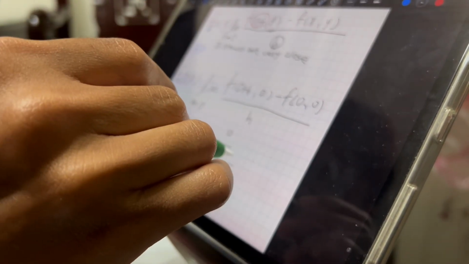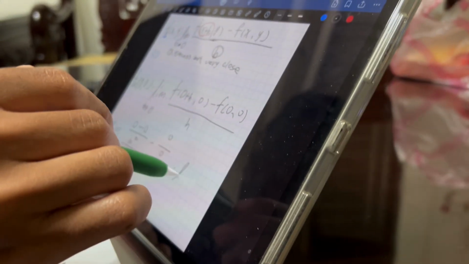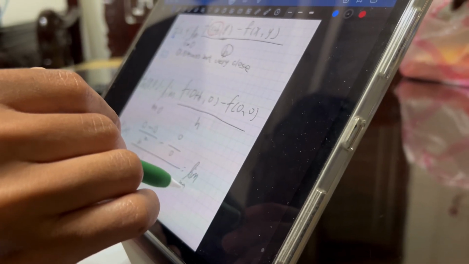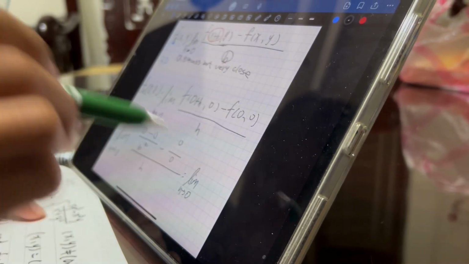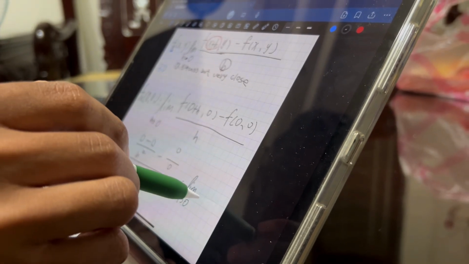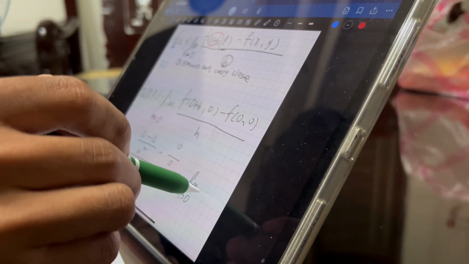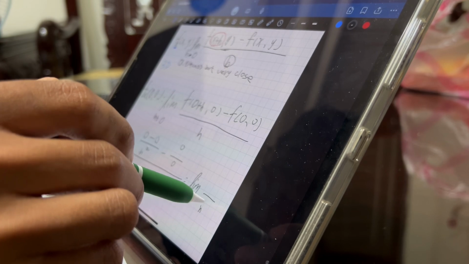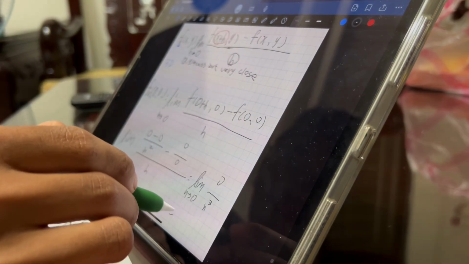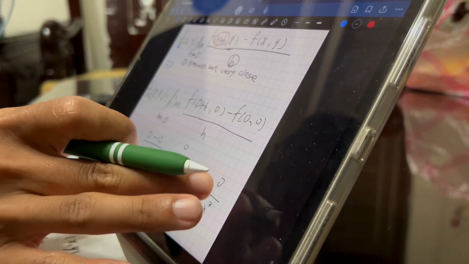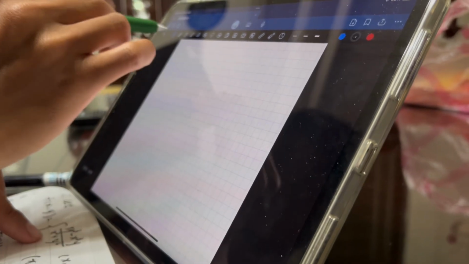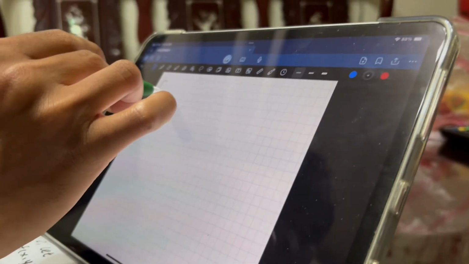That means we can get the limit as h close to 0 of 0 over h, which is 0.